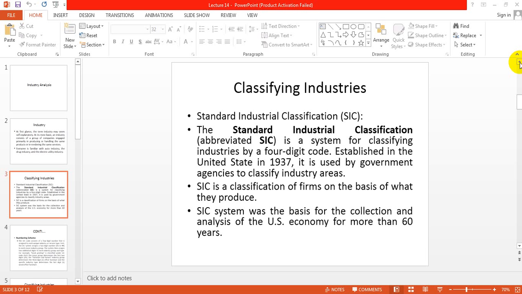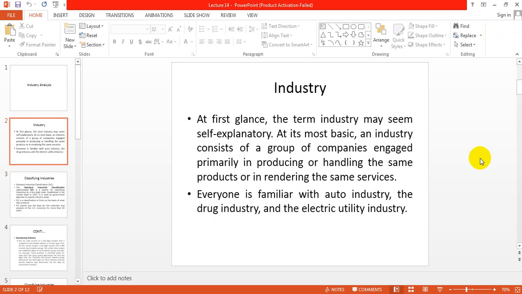We discussed it in detail, and then we discussed industry, what basically an industry is. I think for today it is enough. So inshallah in the next class, maybe we'll finish this chapter in the next two classes, and then in the next two we will finish the next one.